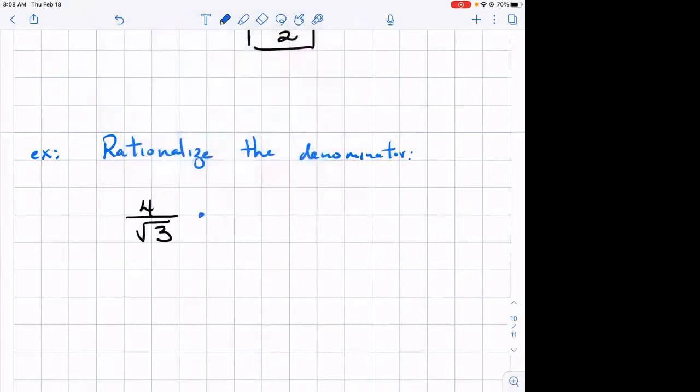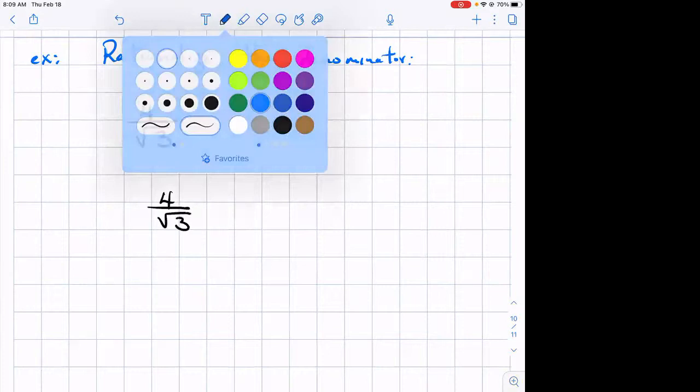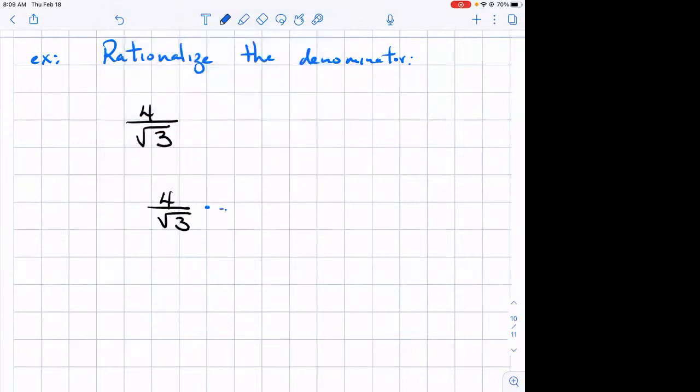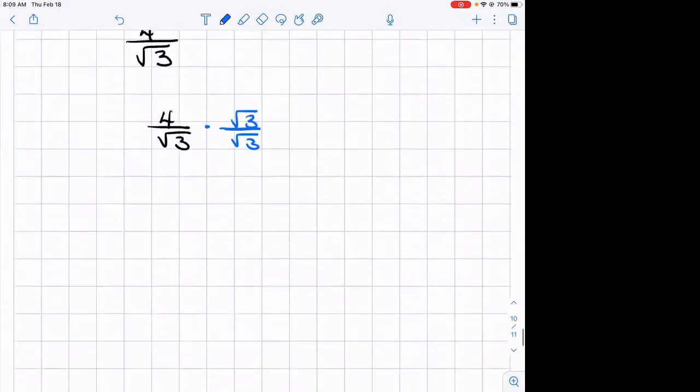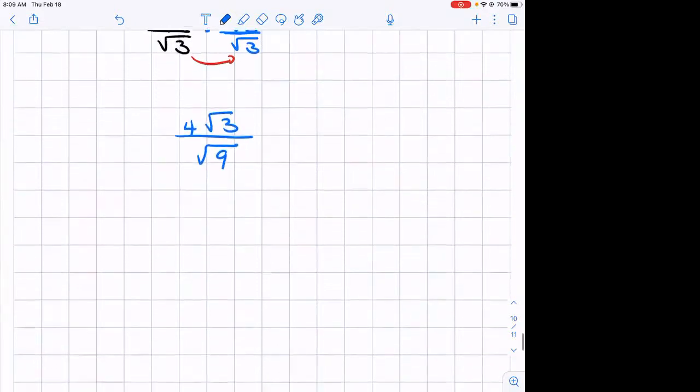So I will multiply this. Let me rewrite that. We have 4 over the square root of 3. I'm going to multiply this by square root of 3 over square root of 3. If you multiply the top and the bottom, this becomes 4 root 3 over the square root of 9. Root 3 times root 3 is root 9.